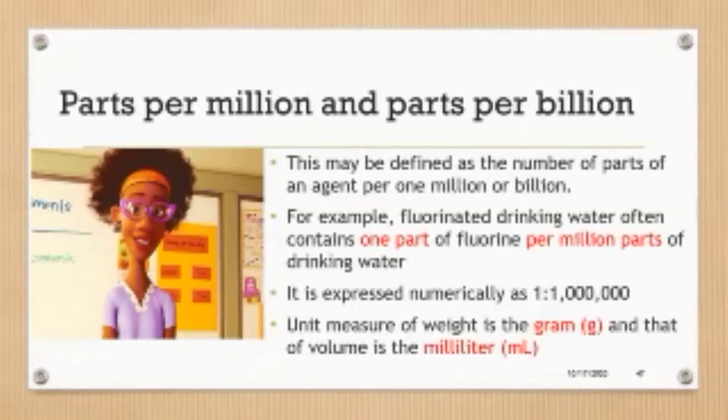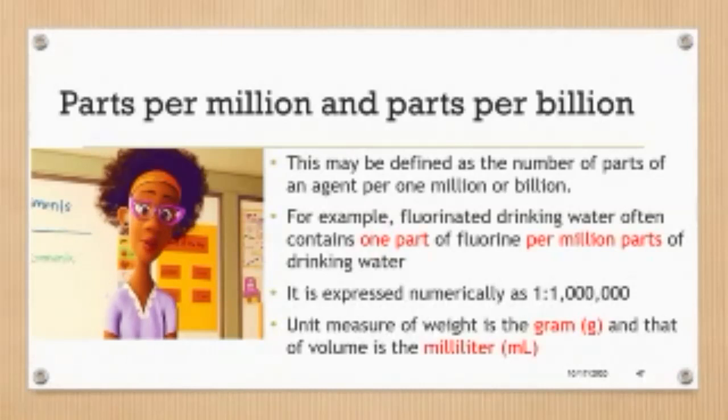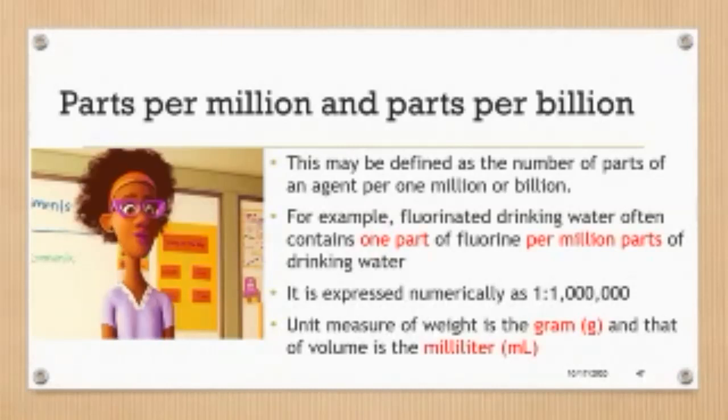Okay, so we're winding down and we are looking at the very last expression of concentration, which is parts per million and parts per billion. This may be defined as the number of parts of an agent or a substance that is found in either 1 million or 1 billion parts of a mixture.